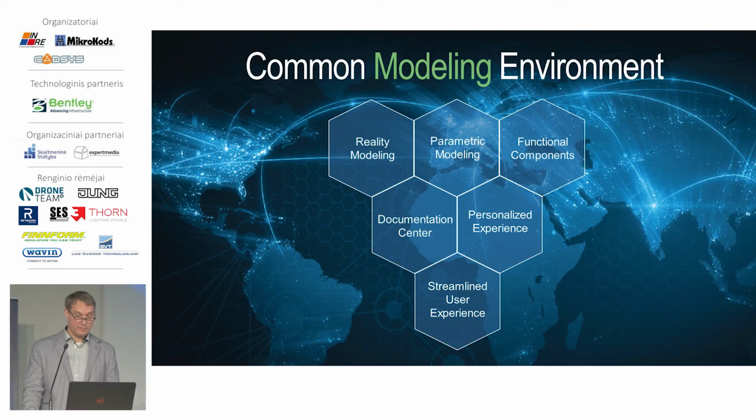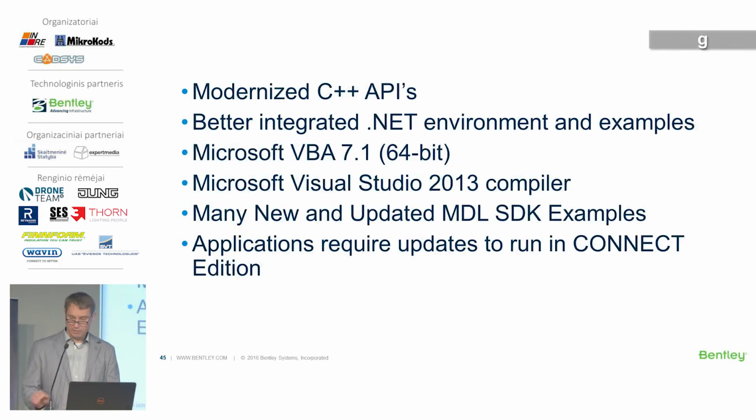So these were the 6 functional areas which I found relevant to mention or to quickly outline in this presentation, which represent the major achievements or innovations in the new Connect edition. What else?